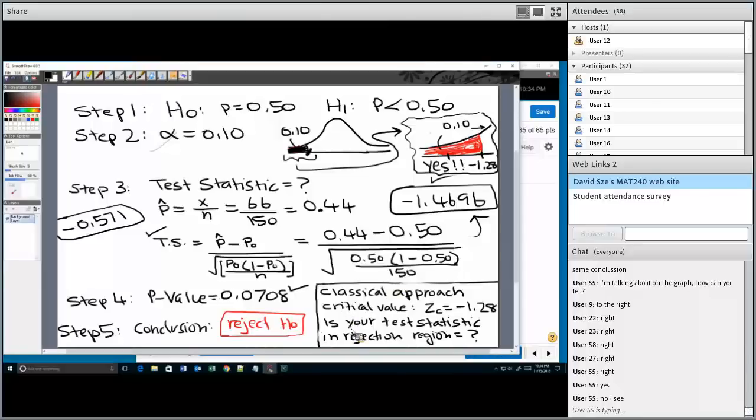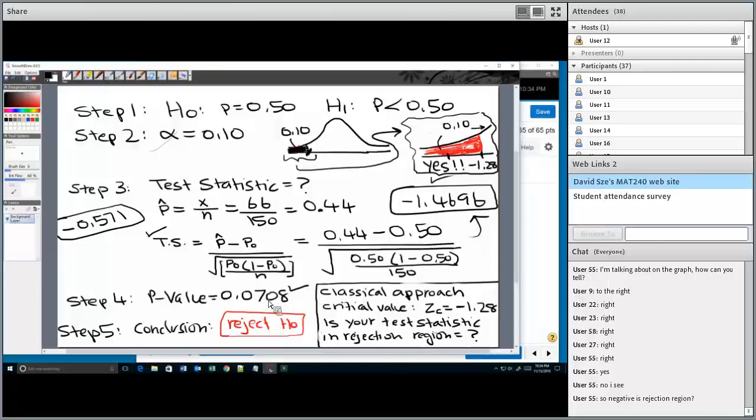You see, that's why I personally think this approach is a little confusing, because you have to draw it out, and you have to know what side you're on. Are you on the rejection region side or the non-rejection region side? This is a simpler approach.